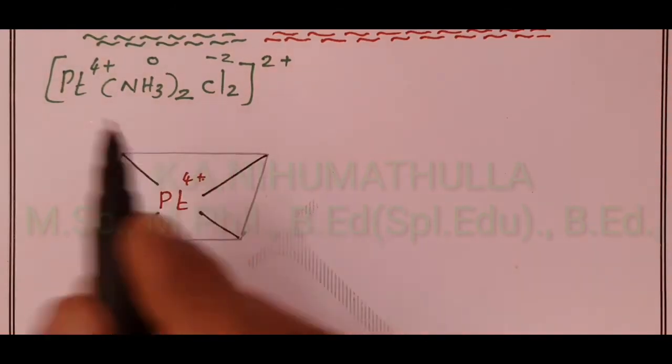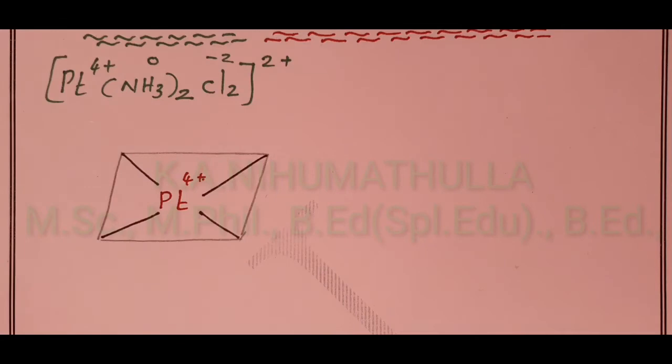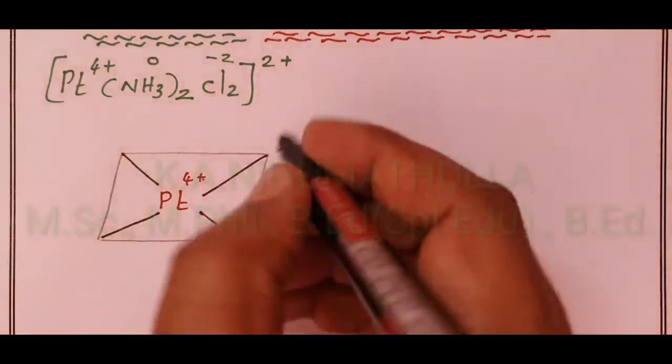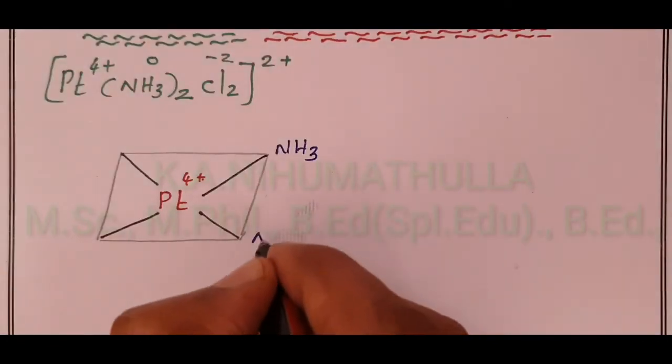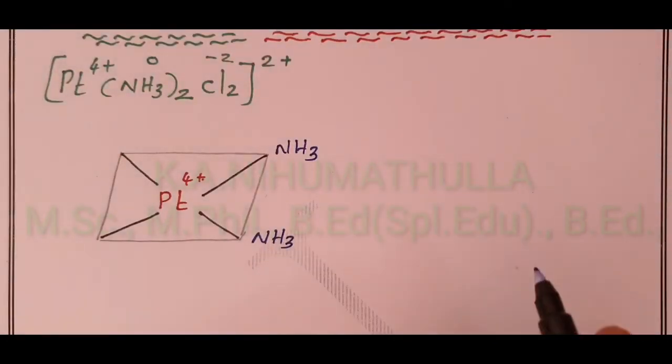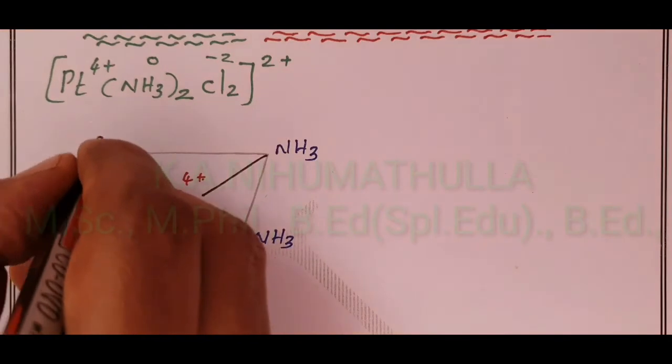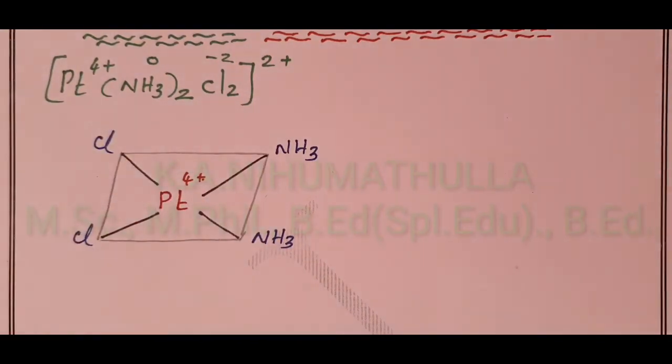If the two amine NH3 are on the same side, it is called the cis compound.